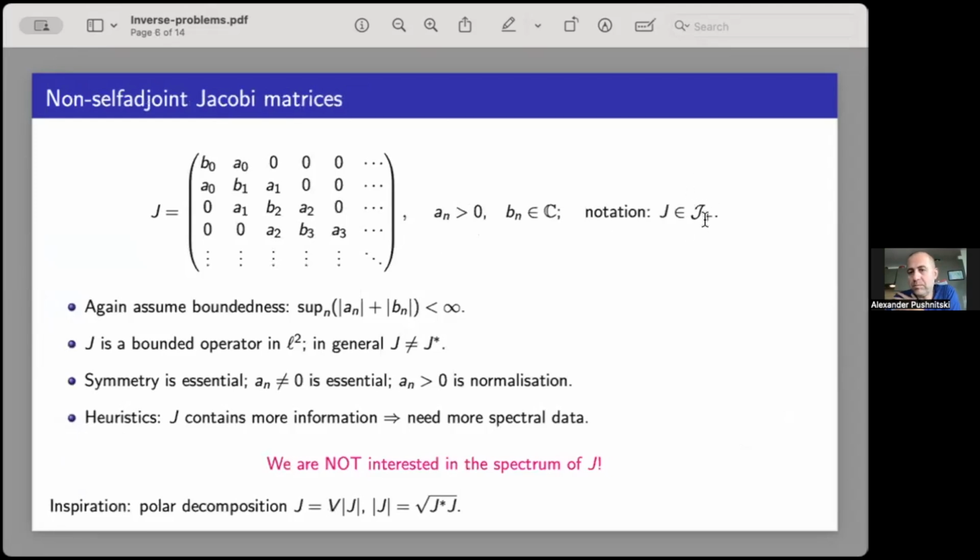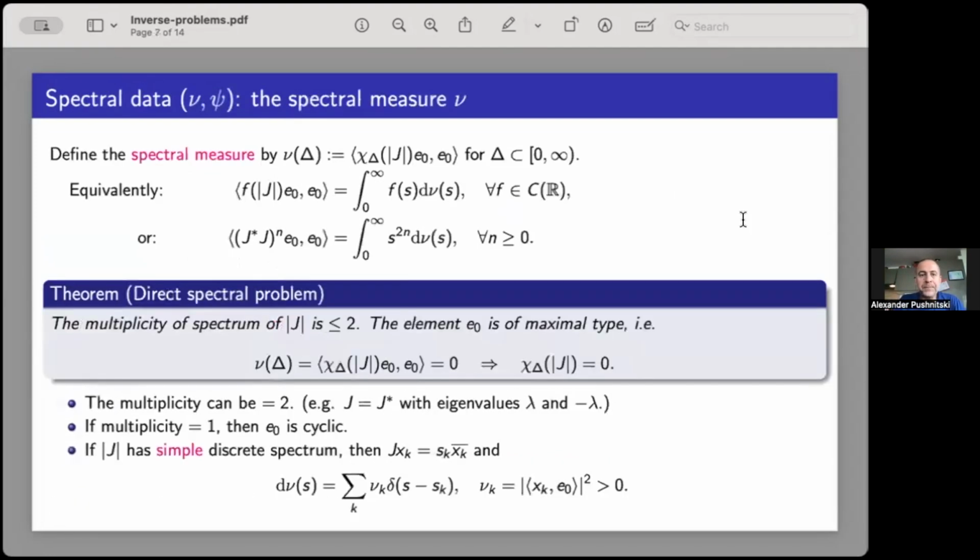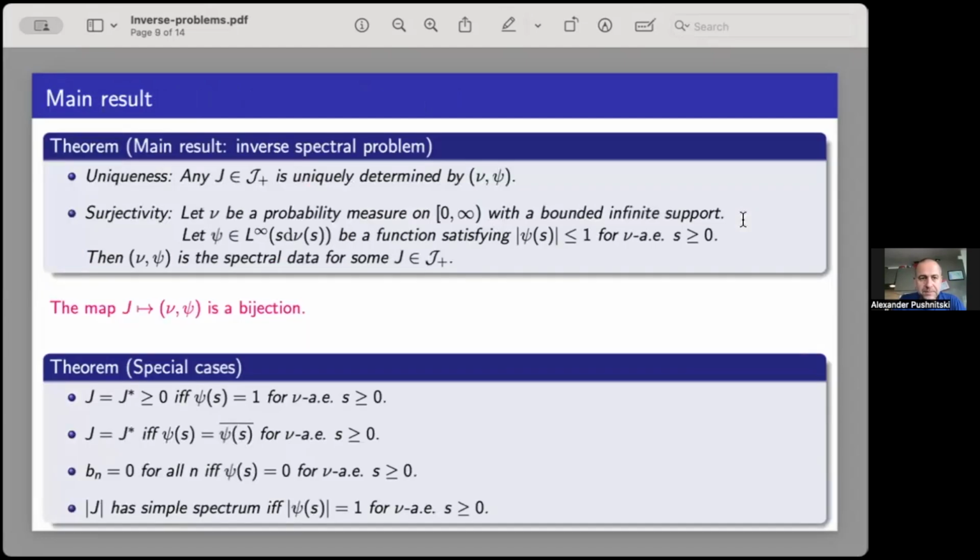I just want to have notation for this class of matrices for convenience of stating my results. So back to the main result. We are saying that any Jacobi matrix of this class is uniquely determined by this pair, the spectral measure and the phase function. That's uniqueness.